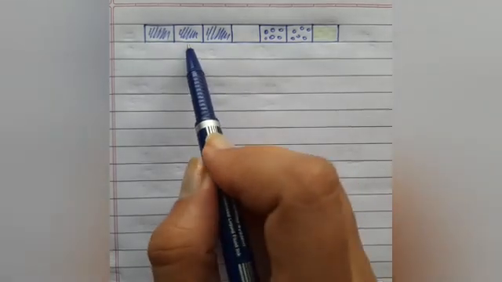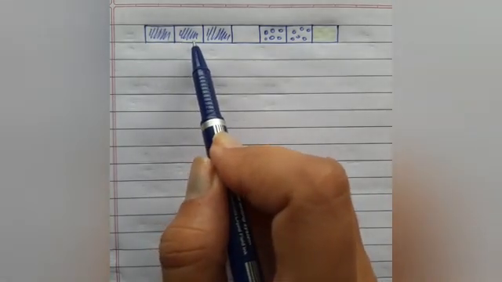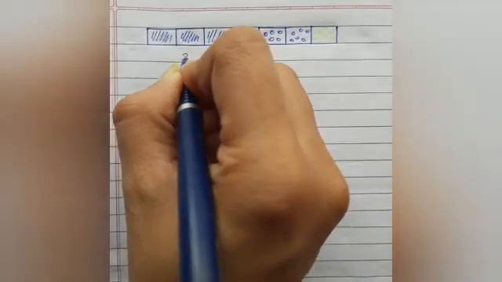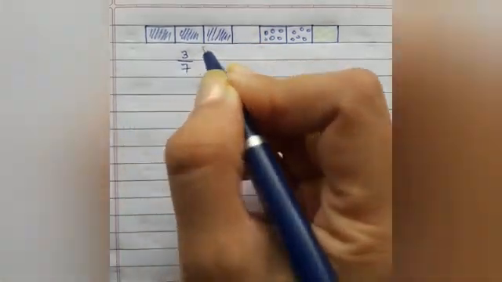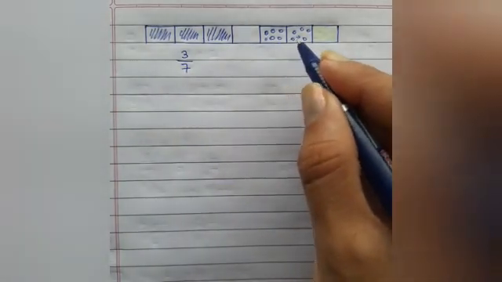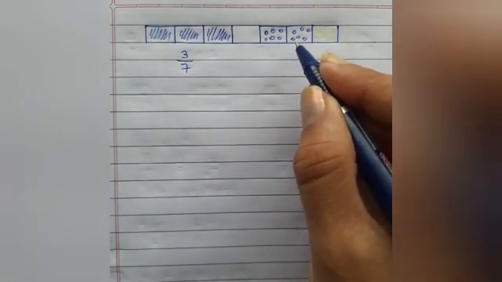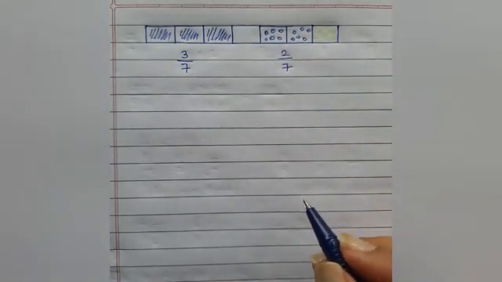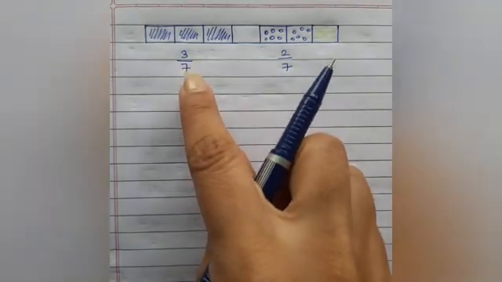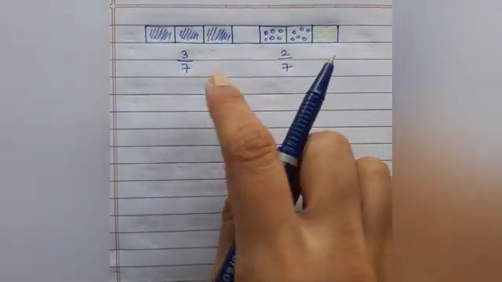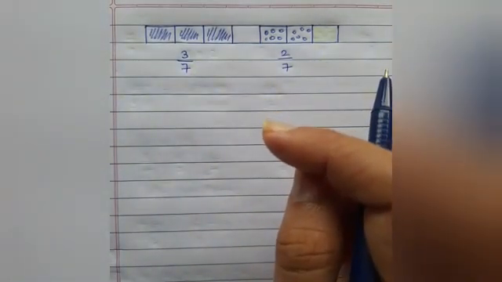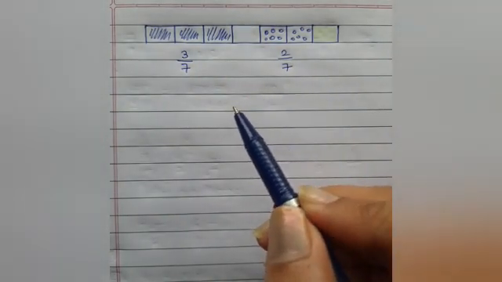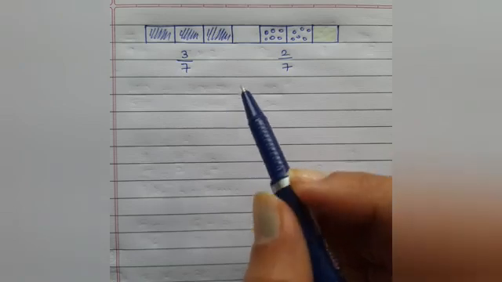So, these 3 parts will be written as the fraction 3 upon 7, and these 2 parts will be written as 2 upon 7. We see that these 2 fractions are like fractions, and according to today's topic, we have to add them.